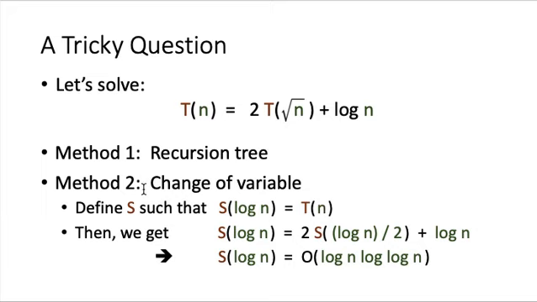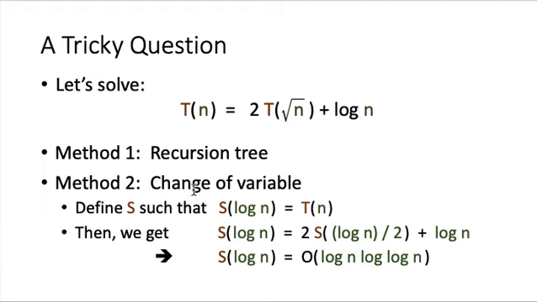Now the second method, we are solving this in a tricky way by changing variables. So instead of solving this big T(n), we are going to define a new function. Let's call it S, such that S of log n is equal to T(n). So whenever you see T(n), it changes to S of something. And the relationship of the parameters here is, we have n here, then we will have log n.